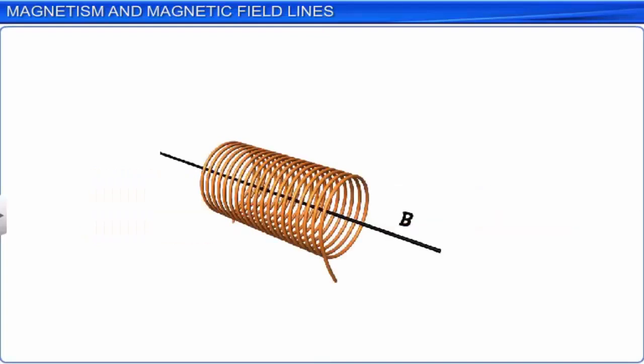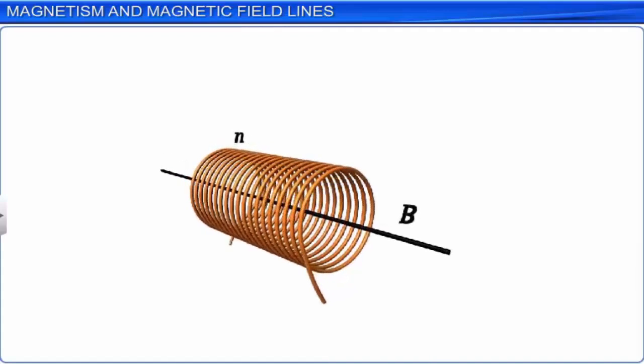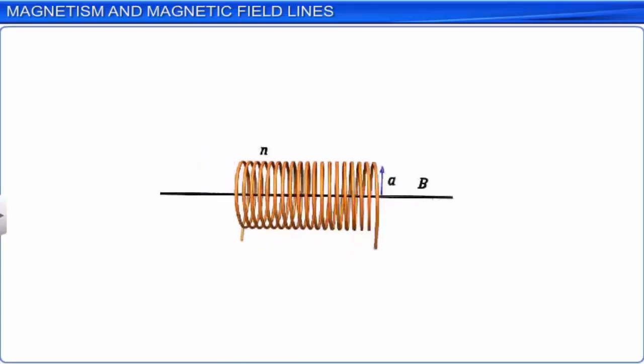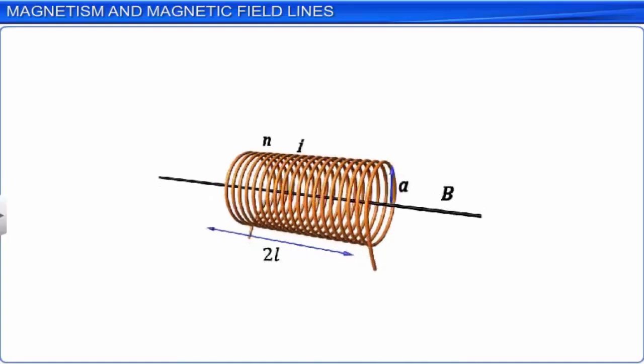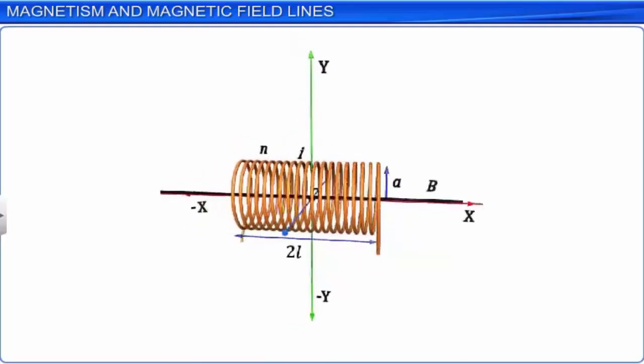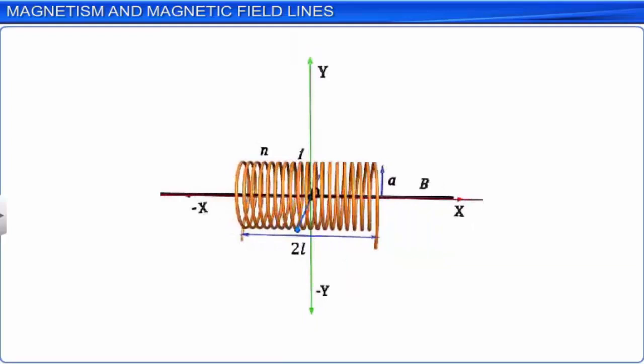Consider a solenoid of finite length with n turns per unit length. Let A be the radius, 2L be the length, and I be the current passing through the solenoid. Let the solenoid be placed such that the axis of the solenoid is along the x-axis of the coordinate system, and its center coincides with the origin.